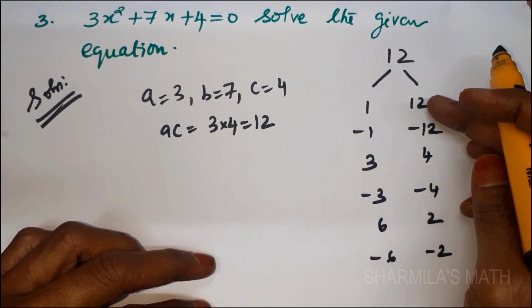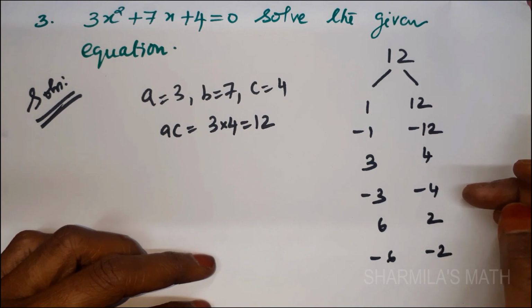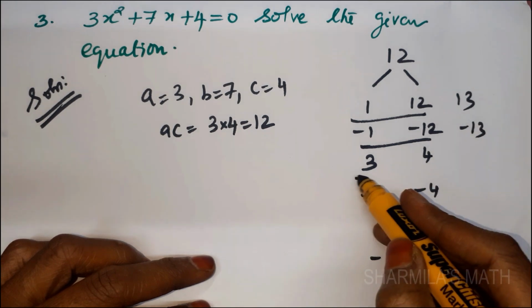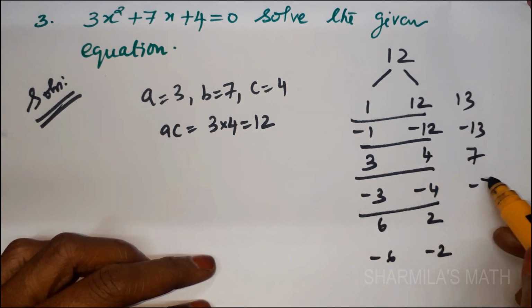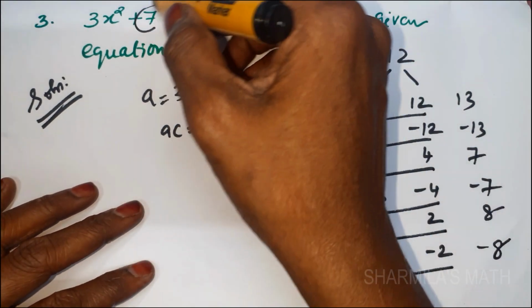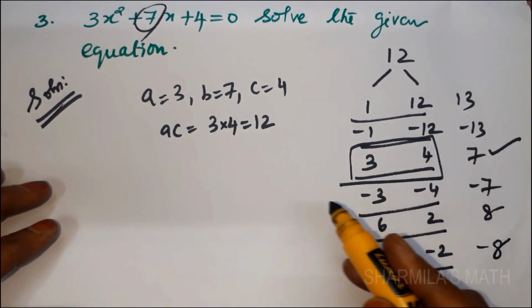So 12 has 6 possibilities, right? So adding these two is 13. This is minus 13. This is 7. This is minus 7. This is 8. And this is minus 8. Which one we have to take? The coefficient is 7. So we have to take this 3, 4.